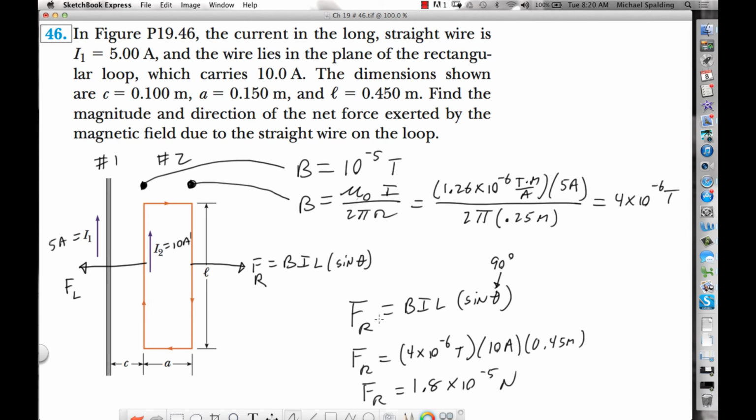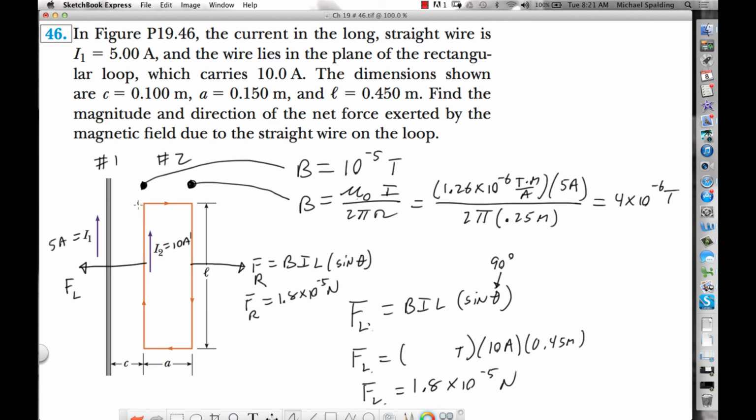So force right is 1.8 times 10 to the negative 5. Now, how do we get force left? Just change the R to L. Force left is going to be the exact same equation. What's different?